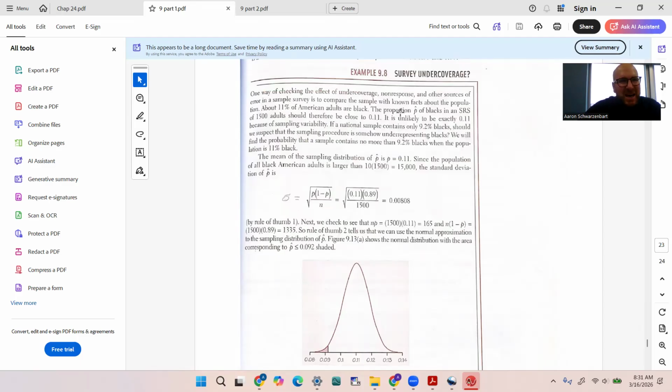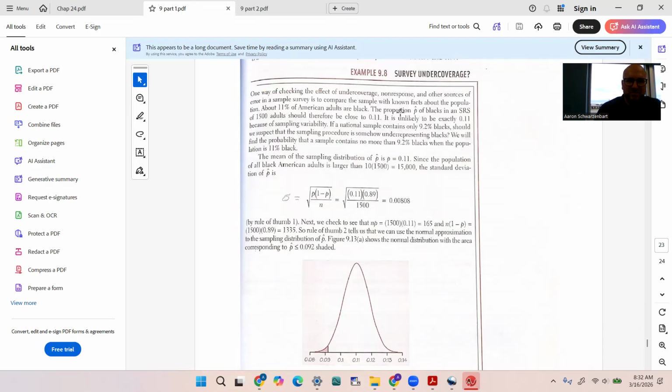The proportion p hat, remember p hat is my sample proportion, p being my population, and population goes with parameter, sample goes with statistic, was only about 9.2%. We suspect that something about our sampling procedure is underrepresenting Blacks. We will find the probability that a sample contains no more than 9.2% Blacks if the population is 11%.